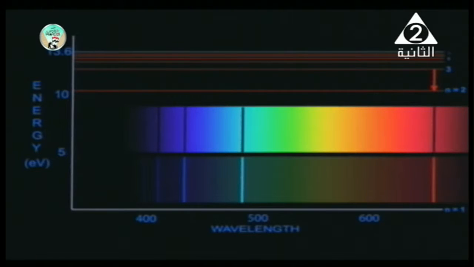Bright line spectrum is given out by a glowing gas. If you remember, continuous spectrum is produced by a glowing solid, but bright line spectrum is given out by a glowing gas.